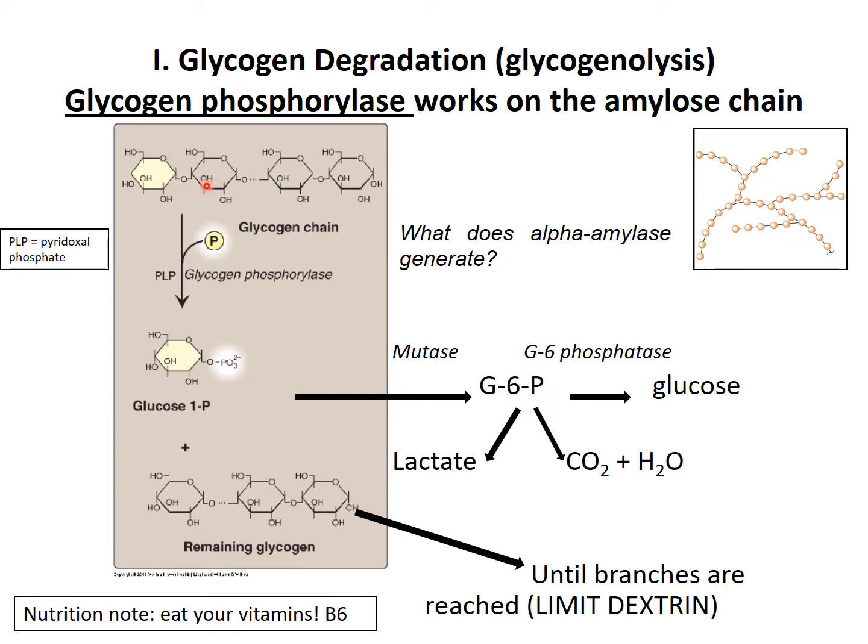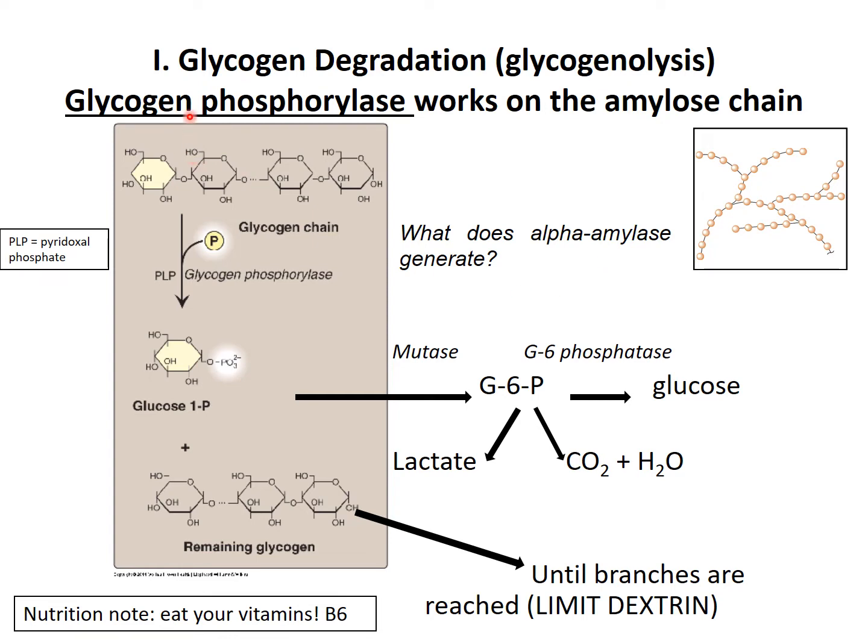Do you remember digestion of polysaccharide in the digestive tract by amylase? That is a hydrolase that will take a starch or glycogen, which are very similar in structure, and hydrolyze off free glucose from the non-reducing end.